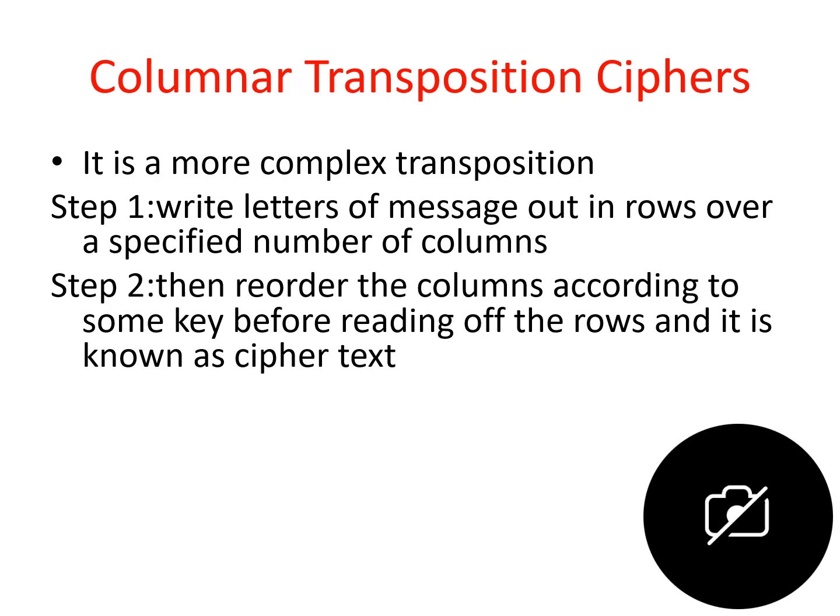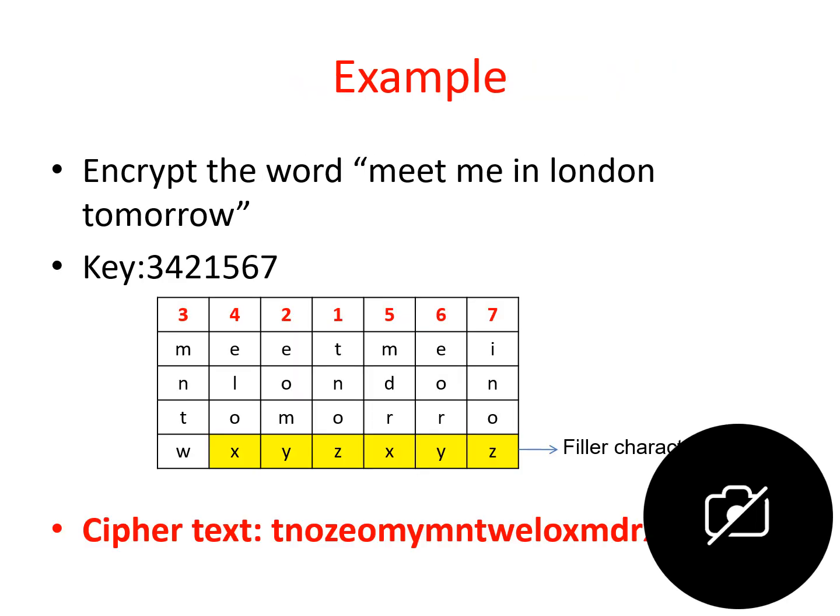Same thing with columnar transposition. In columnar transposition, we write the letters of the message in rows over a specific number of columns. That means the key is the number of columns, where we write out the original plaintext. Then we reorder the columns according to the key before reading the rows. For example, consider this example, meet me in London tomorrow. Our key value is 342157.